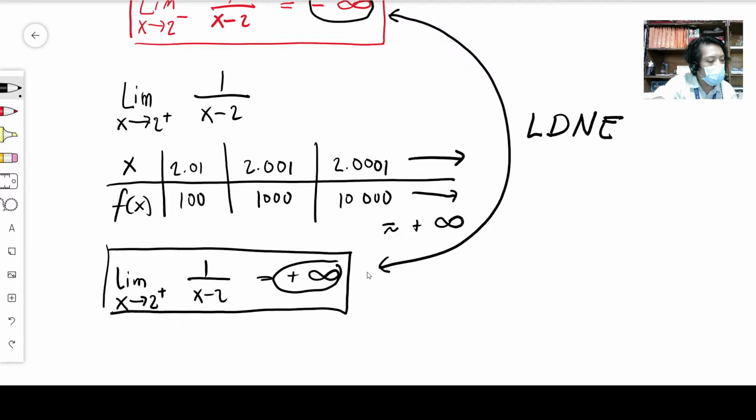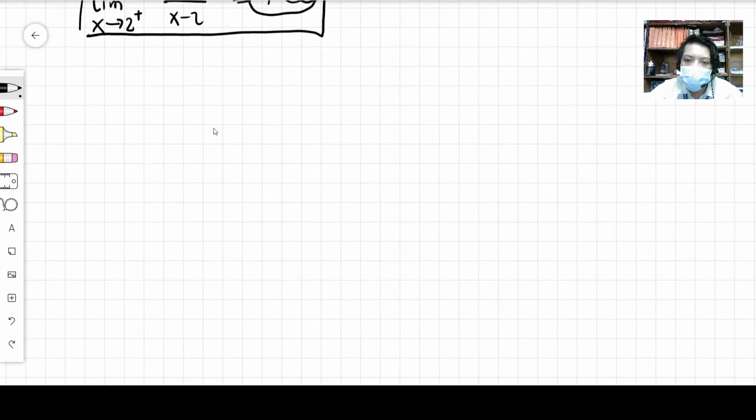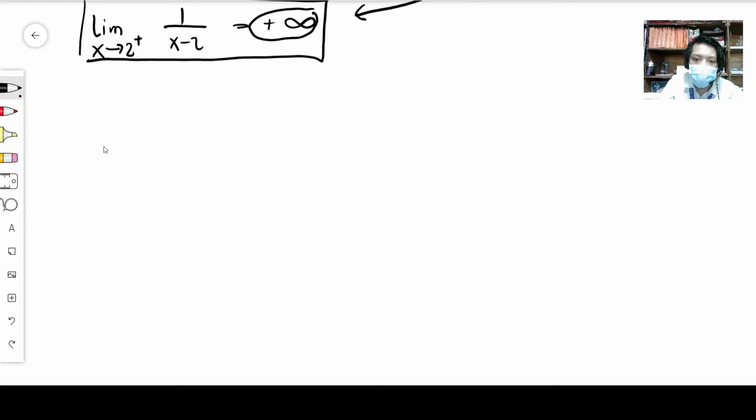Let us have another example, example number 4. We have the limit of x squared minus 9 over x minus 3 as x approaches 3.